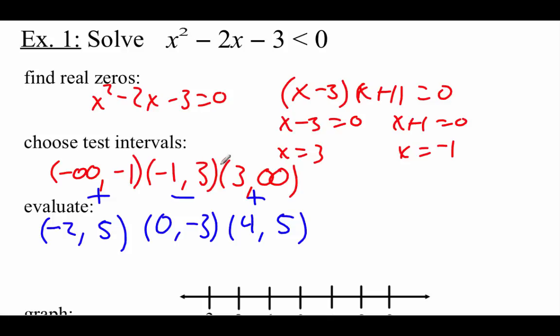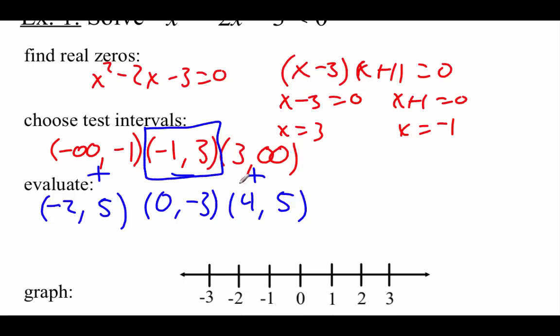So thinking about what's going on with those intervals, less than 0 would mean negative. So I'm going to focus on this negative interval right in here from negative 1 to 3. That's going to be our answer. So we're going to go down to this number line, and we're going to graph out that interval from negative 1 to 3. Since we wrote out our interval using parentheses, that's also how I'm going to graph this out.